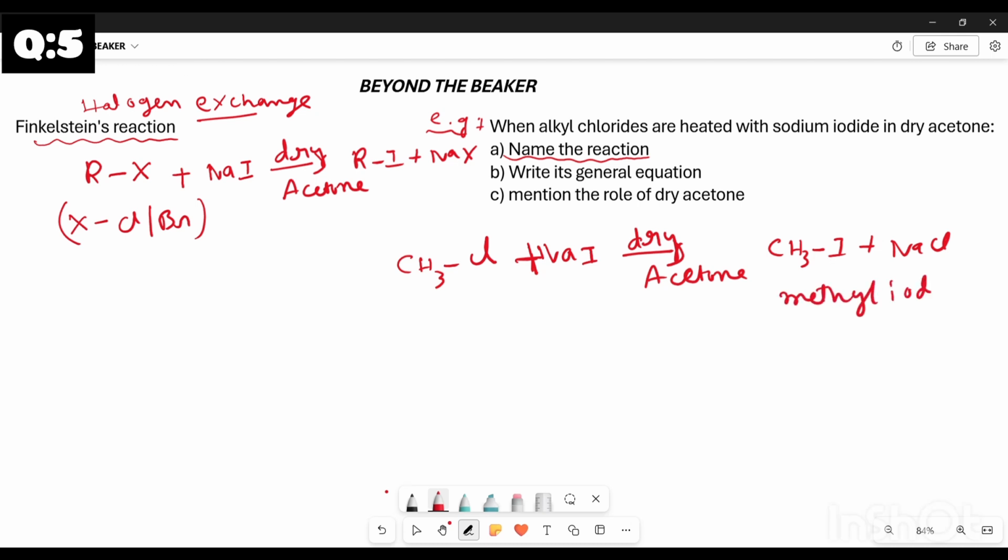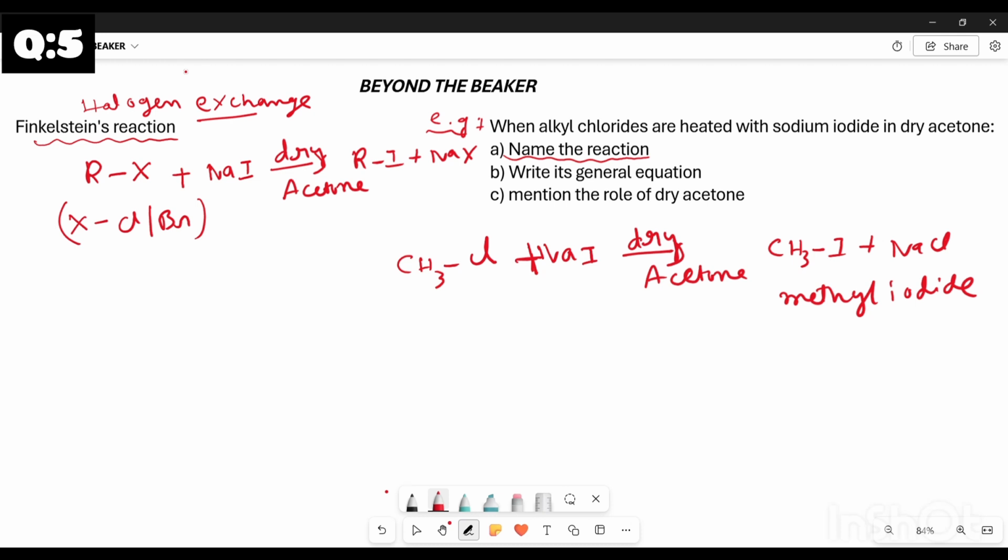They will give one question: when alkyl chlorides are heated with sodium iodide in dry acetone, what is the name of the reaction? The name of the reaction is the Finkelstein reaction.